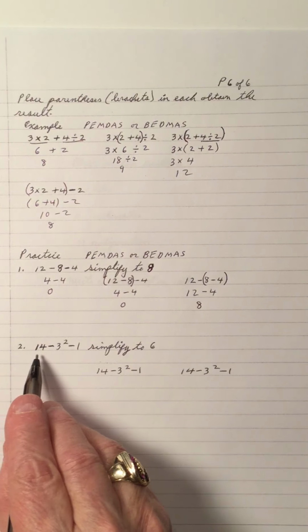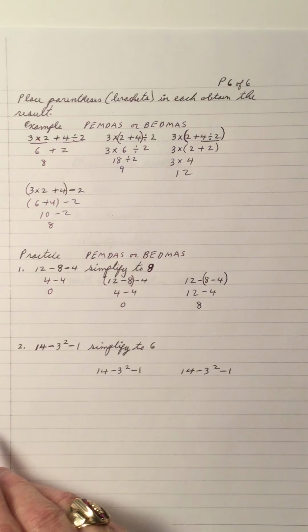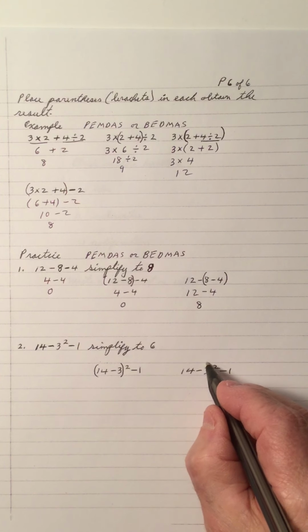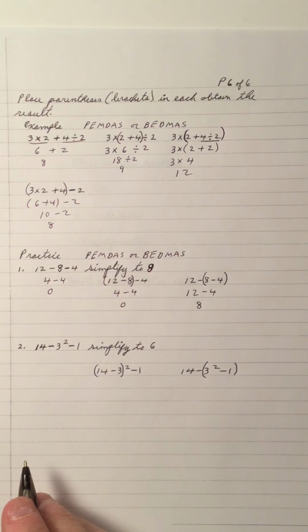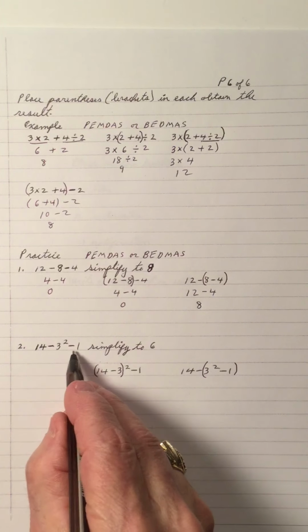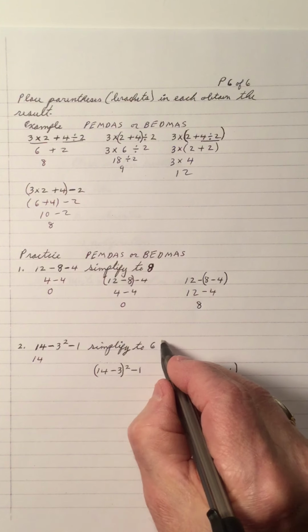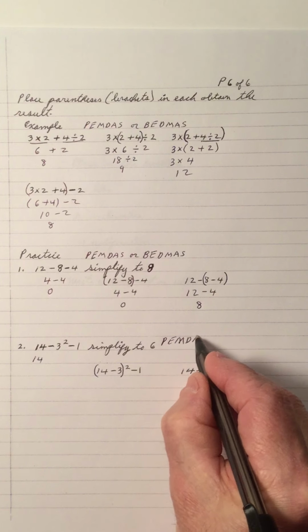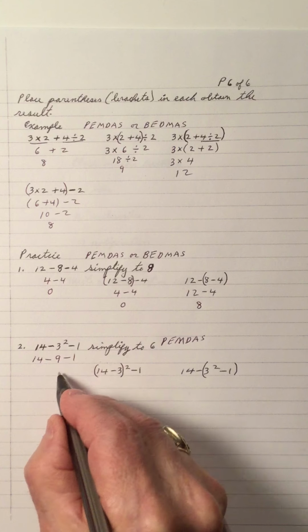What about this one? 14 subtract 3 squared minus 1. So I can put the brackets around 14 and 3, or I could put the bracket around 3 squared minus 1. If I did this initially, I would follow Pemdas. I have to do the exponent first and then subtract.